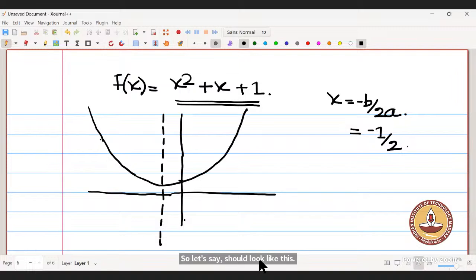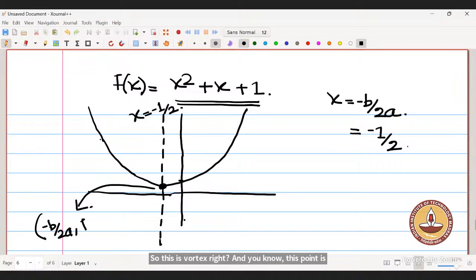So this is my axis of symmetry, x equal to minus half, right? And what is the vertex? So what is this point? So this is the vertex, right? And this point is minus b by 2a, f of minus b by 2a.